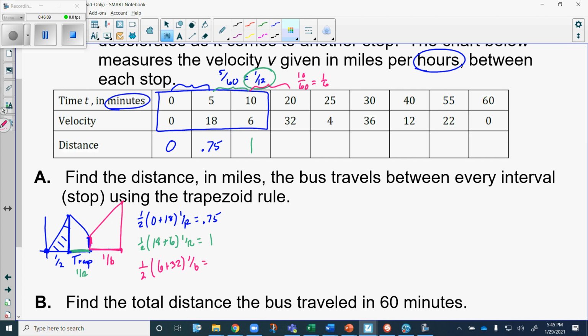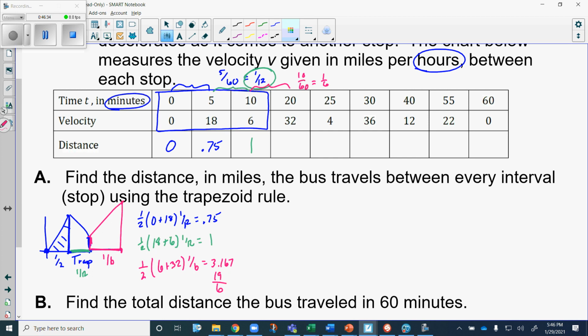And in this case, 1/12 of 38 is going to give me 3.167 miles. Or as a fraction, I got 19/6.